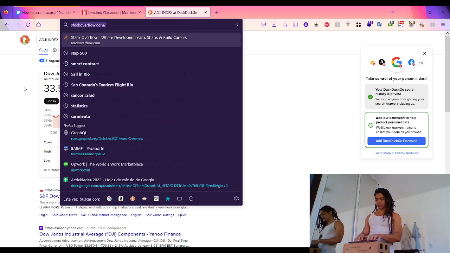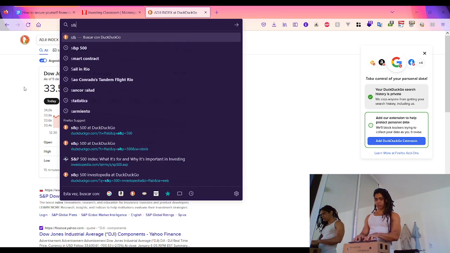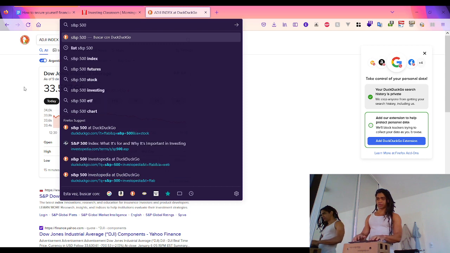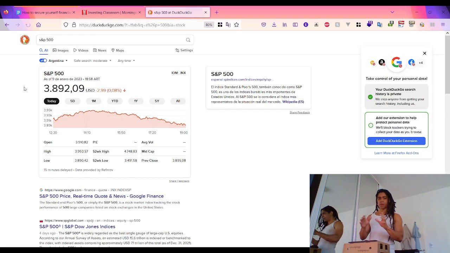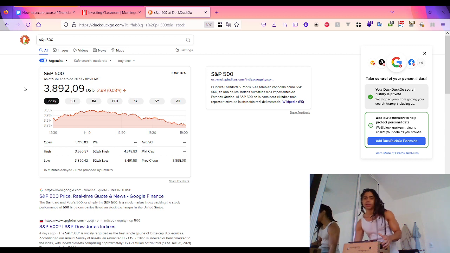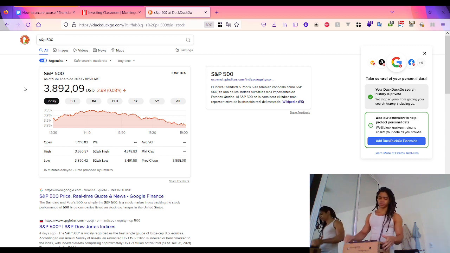You also have the Standard and Poor's 500, which measures the top 500 companies in the U.S. market, and the Wilshire 5000, and also the Russell 3000.